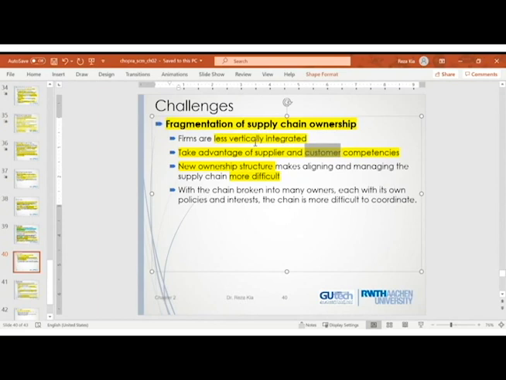But the new challenge is that this structure will be more difficult to manage, because each owner has their own interests, their own policy and strategy, and the coordination between these owners could be more challenging.